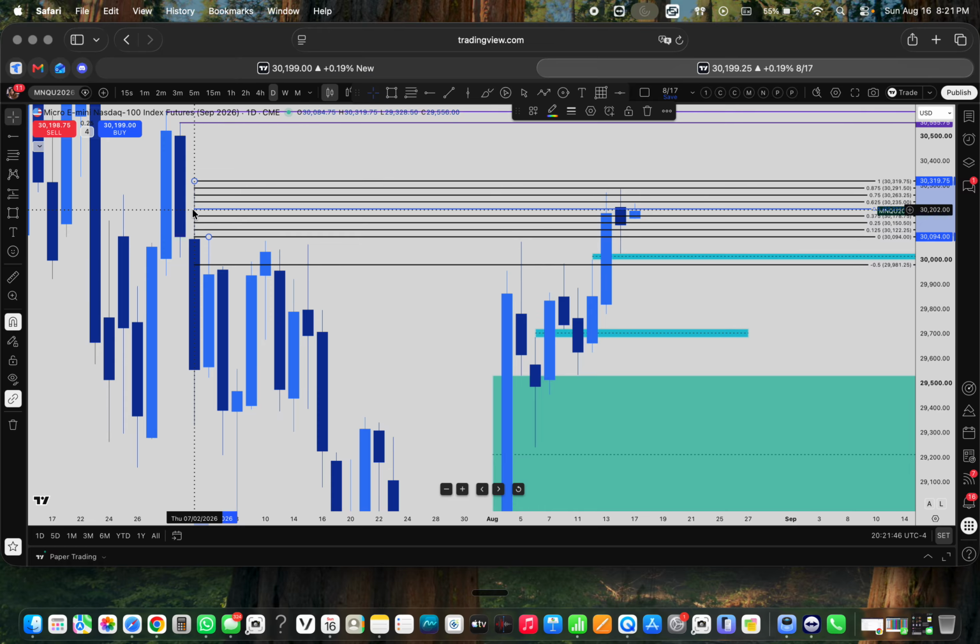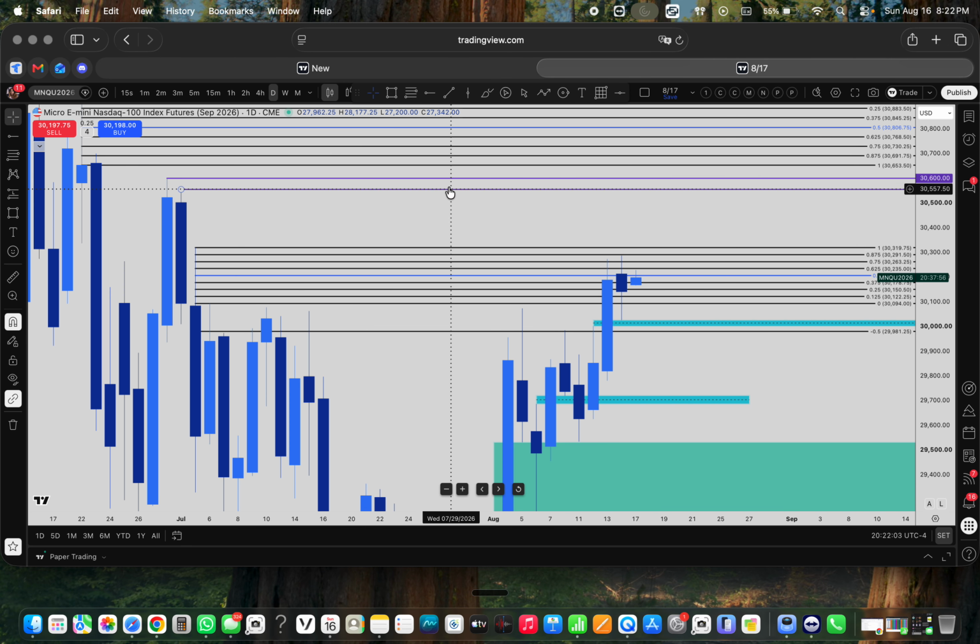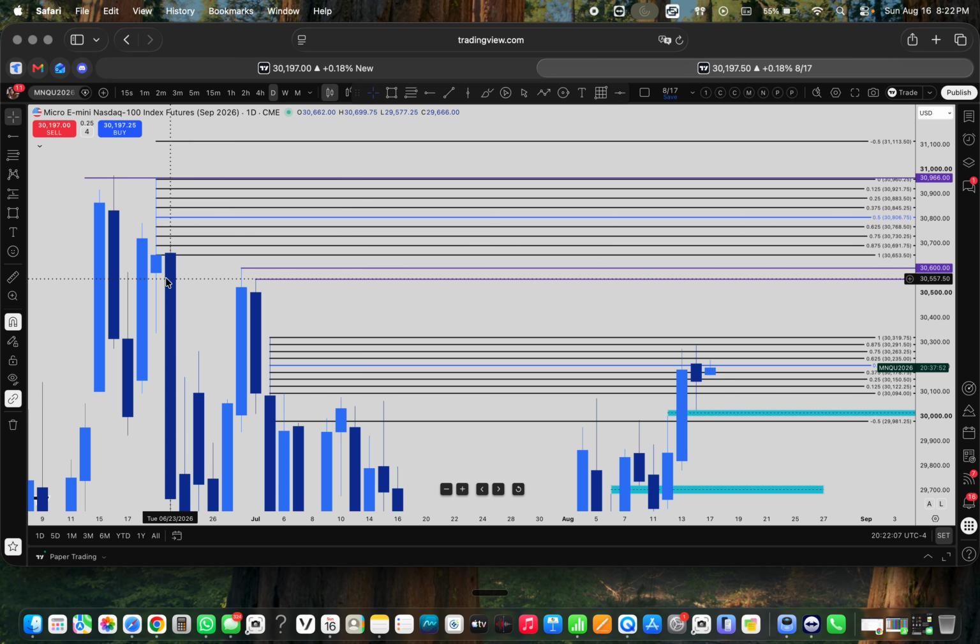PD arrays, ICT teaches that. So the middle of this wick here, I can see price has already come up. Kind of been above it, but obviously it opened up here and it closed downwards. I'm going to see what this candle wants to do. If it shows that it wants to be above this blue line, then it shows me that it wants to be a little bit bullish, and then it can aim for these two purple lines at minimum, and then overall we can aim for a higher move up here.